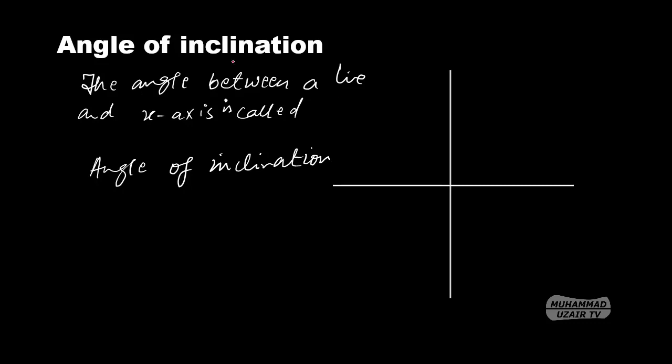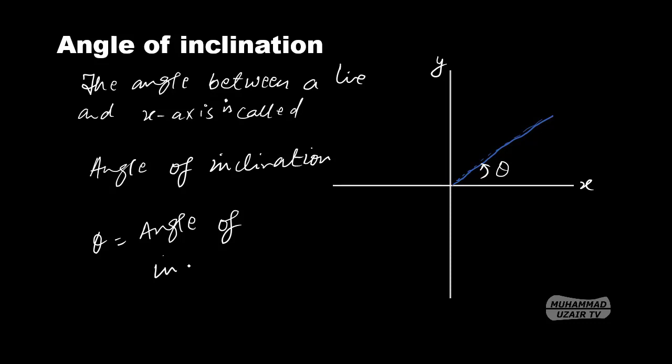For example, let's suppose this is a line making an angle theta with the x-axis. So theta will be the angle of inclination.